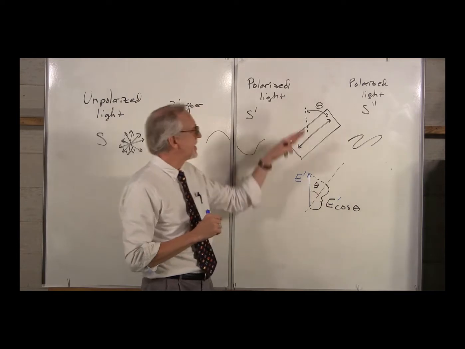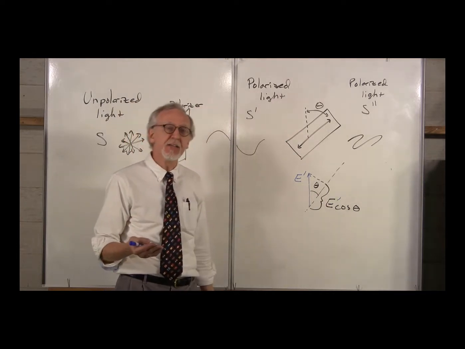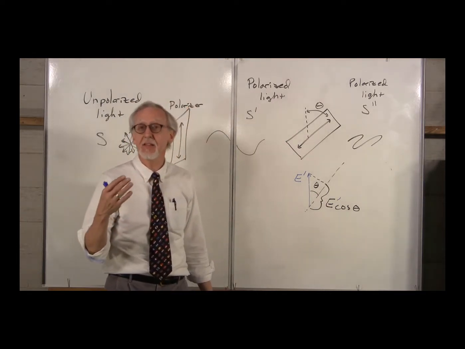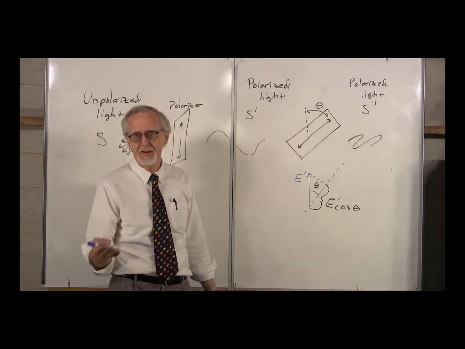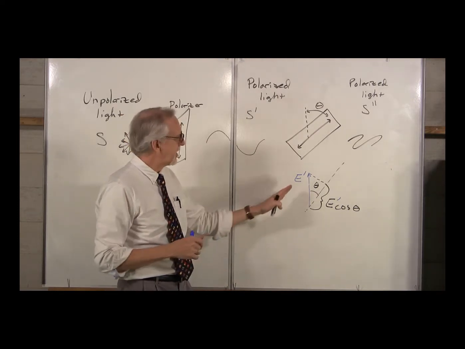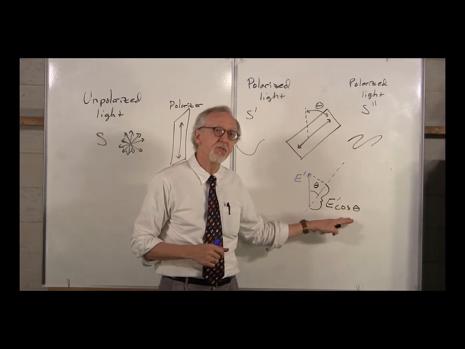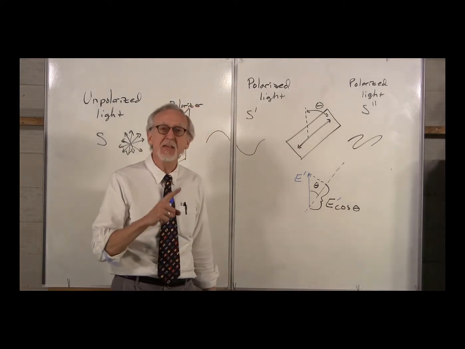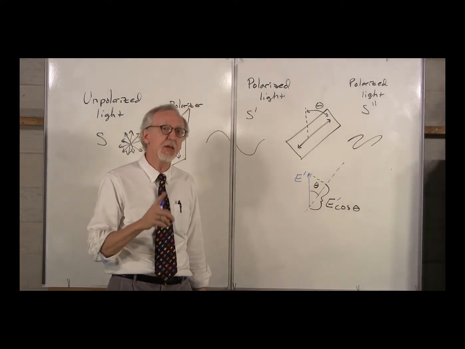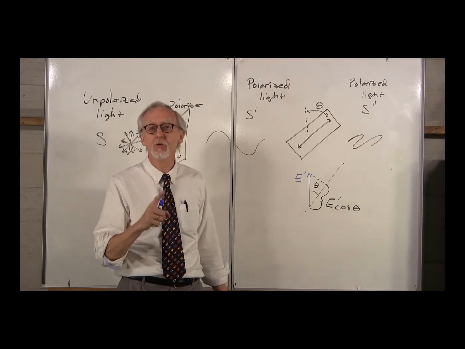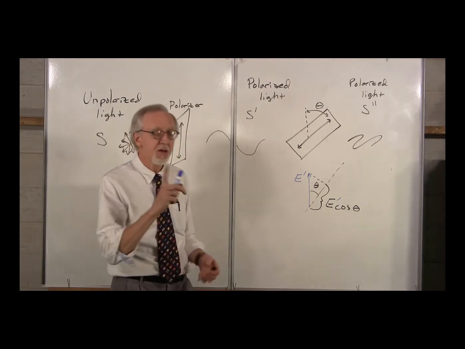However, remember, intensity goes like the energy density, and the energy density goes like the electric field squared and the magnetic field squared. So if the electric field drops down by a factor of cos theta, the intensity will drop down by a factor of cos squared theta. There we go.